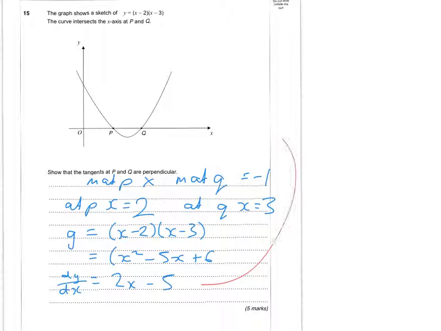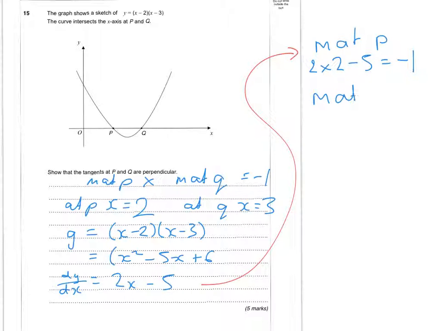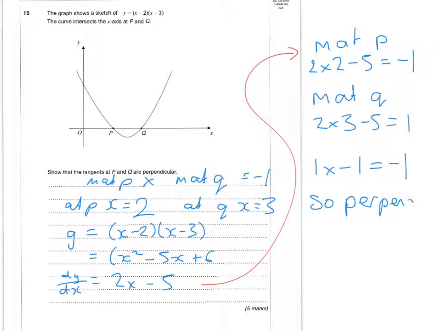So the gradient at P is equal to 2 times 2 minus 5, which is minus 1. Gradient at Q is equal to 2 times 3 minus 5, which is equal to 1. 1 times minus 1 equals minus 1, so perpendicular gradients.